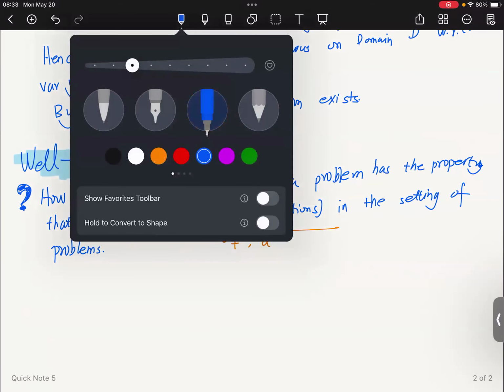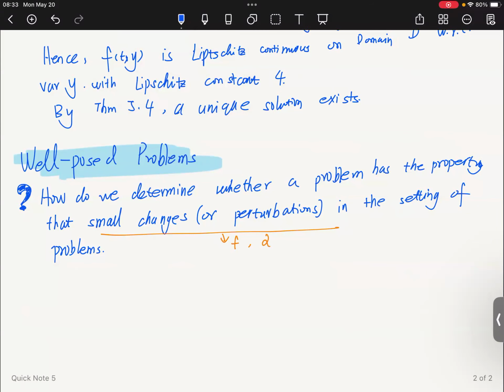And so how do we determine whether these small perturbations only introduce a small change in the solution? And this is the whole idea here.